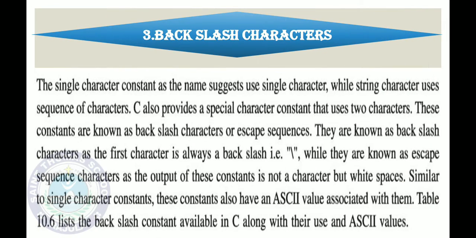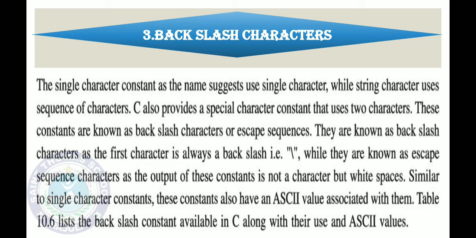Then next is the backslash characters. The character constant, as the name suggests, is a single character, while a string uses a sequence of characters. Now C also provides a special character constant that is known as backslash characters, and that uses two characters.